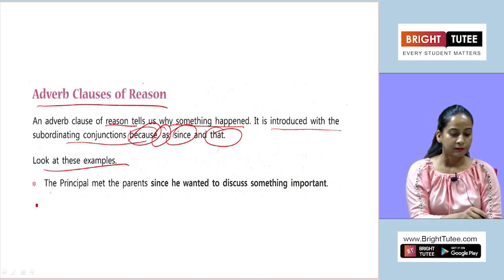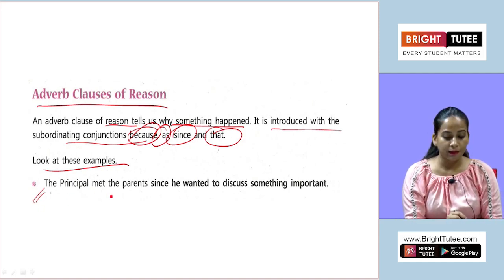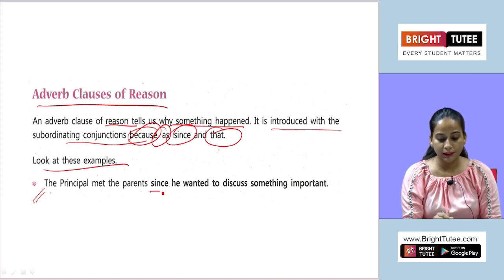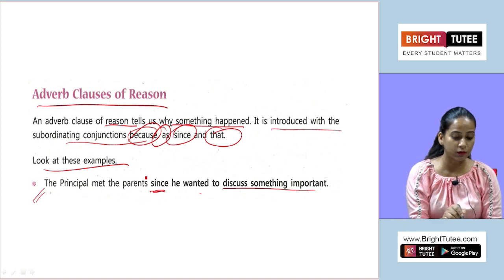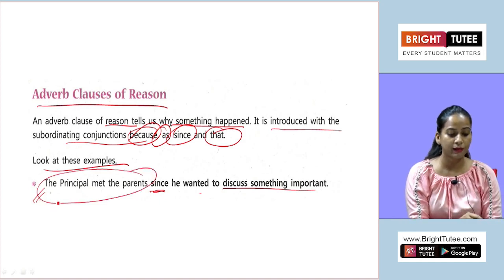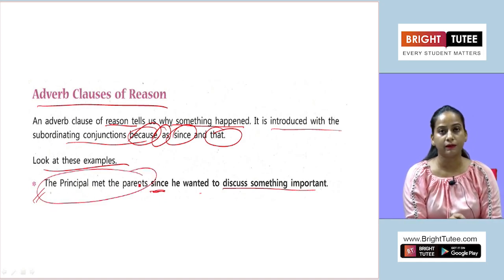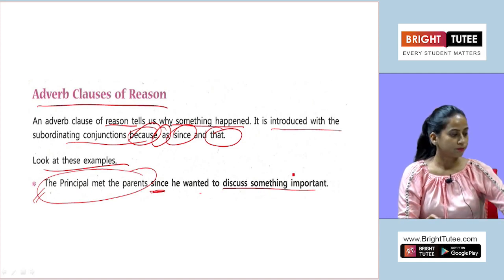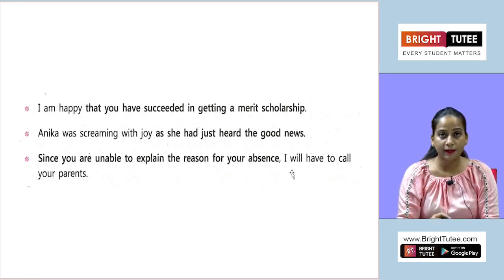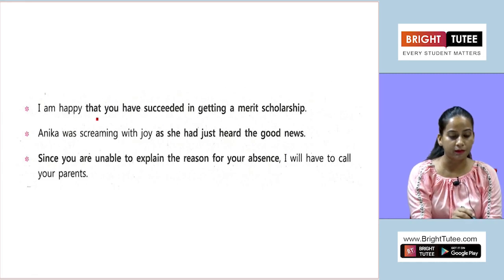The principal met the parents since he wanted to discuss something important. So while you are getting the answer for this, why did the principal meet the parents? Since, as, or the reason given here: because he wanted to discuss something important. In the second sentence, I am happy.